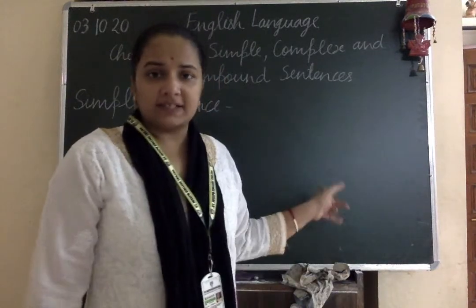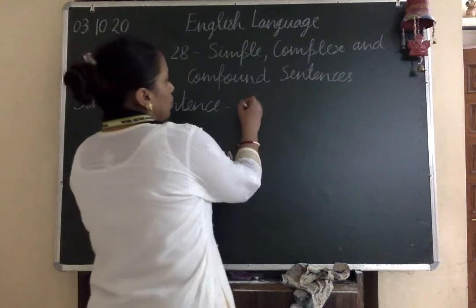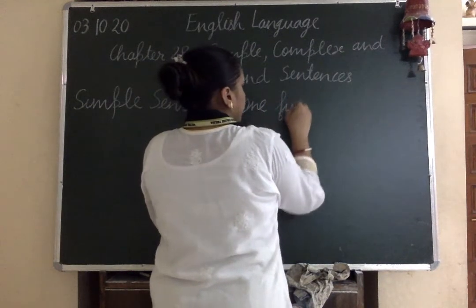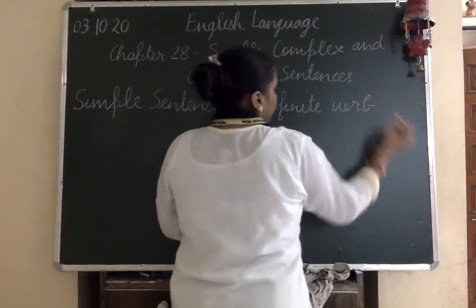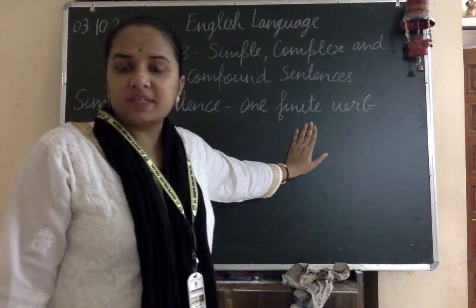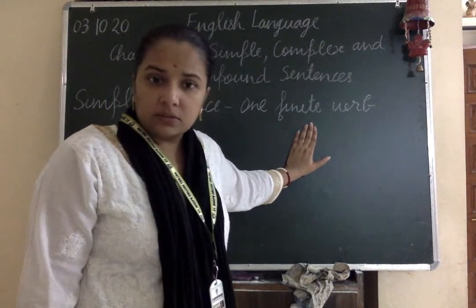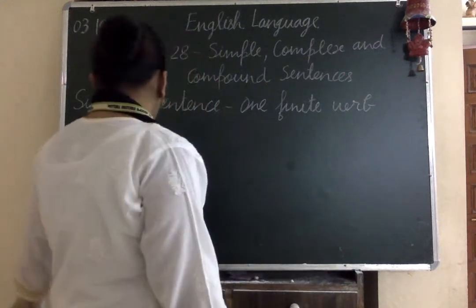As I gave you the example just now, he runs. So what does it contain? One finite verb. Why is the finite verb necessary? So that we can determine the tense of the sentence. That's why the finite verb is necessary here.